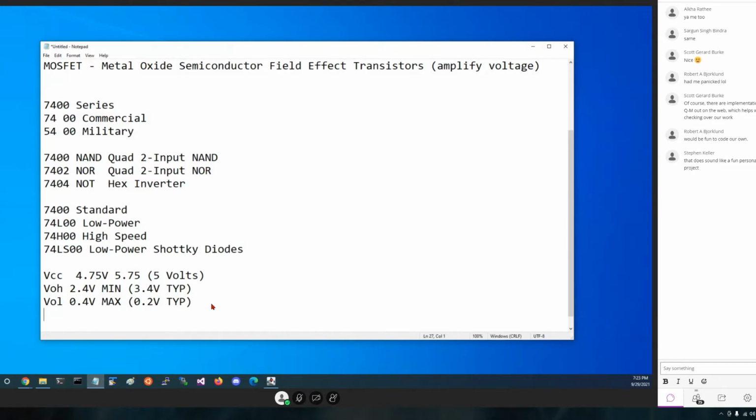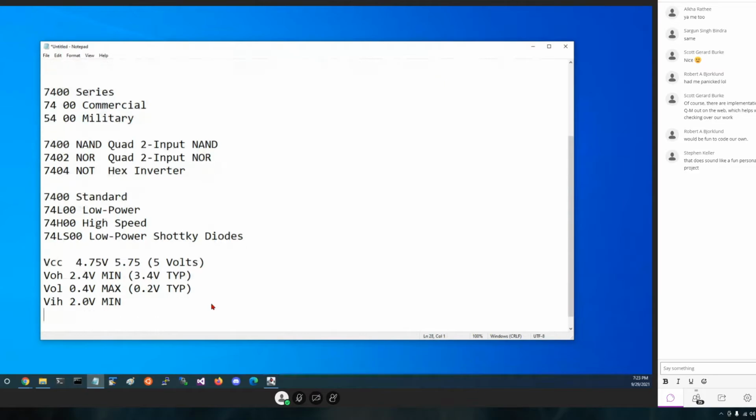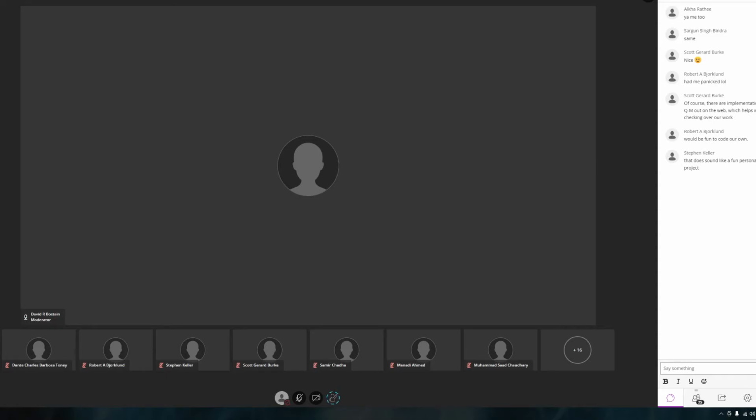Okay, let's now talk about the voltage on an input. The voltage on an input, when it's high, is a minimum of 2.0 volts. The voltage on an input when it's low is a 0.8 volt maximum.